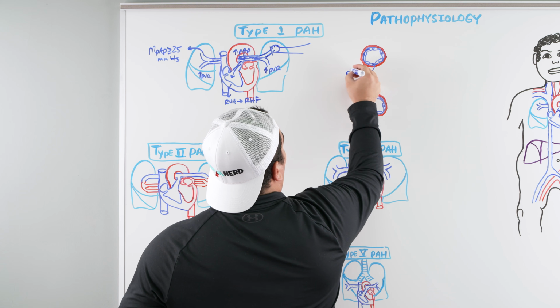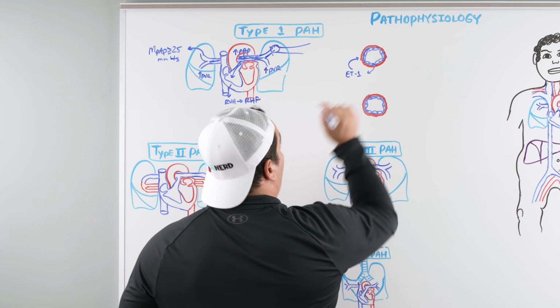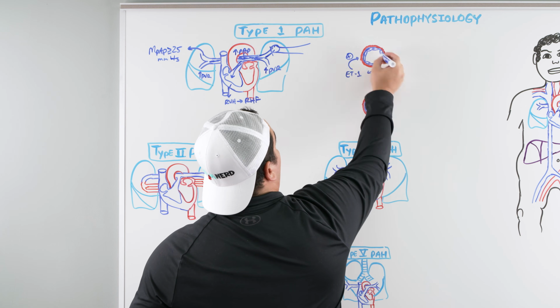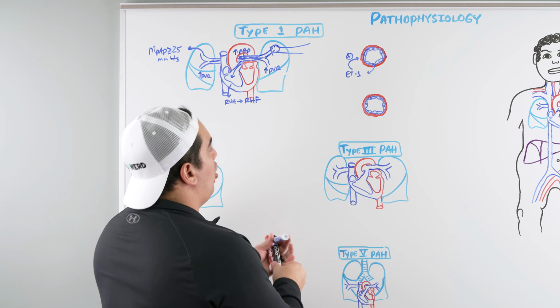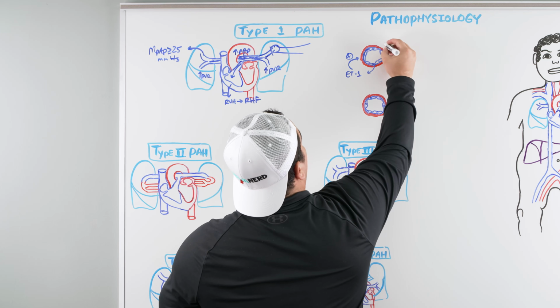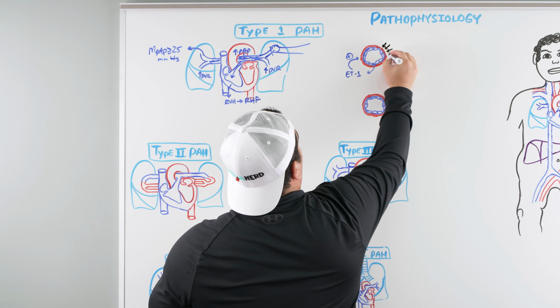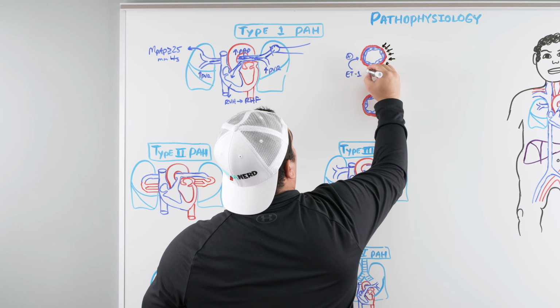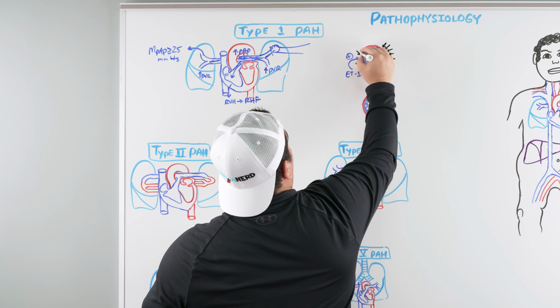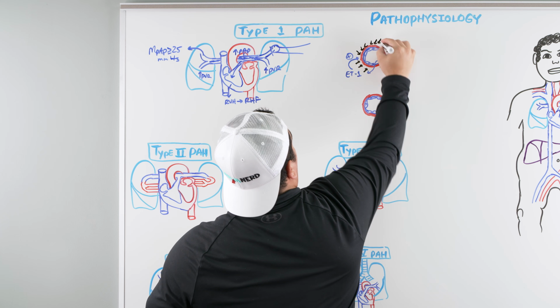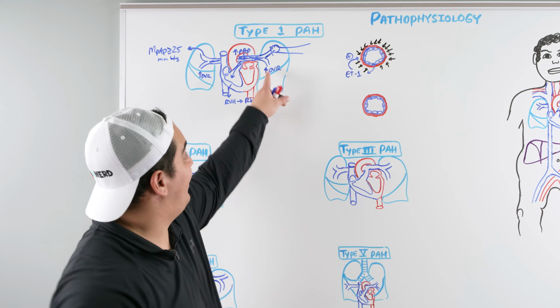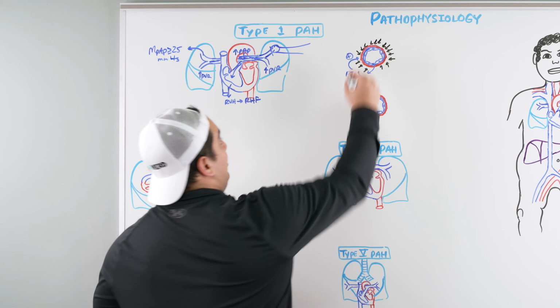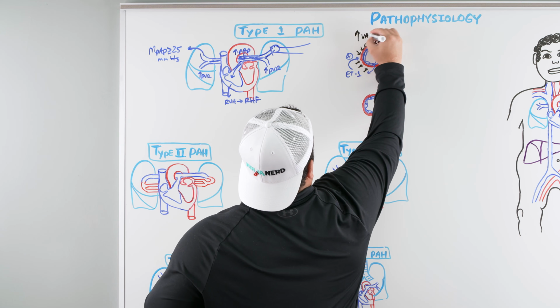Endothelin 1 is an intense, and I mean potent, vasoconstrictor. It will cause this smooth muscle to intensely contract, which will cause the blood vessel to decrease in diameter and increase the peripheral vascular resistance. So it will increase the vasoconstriction.